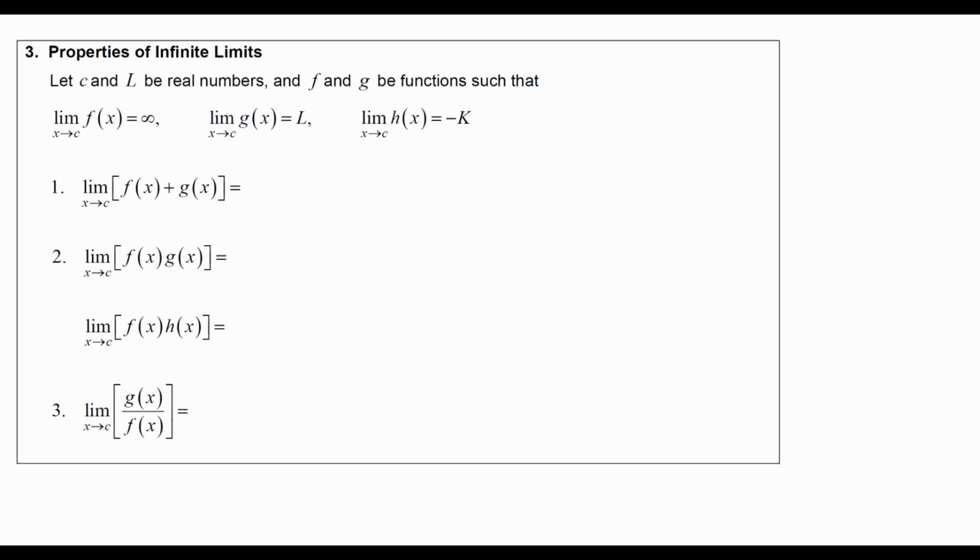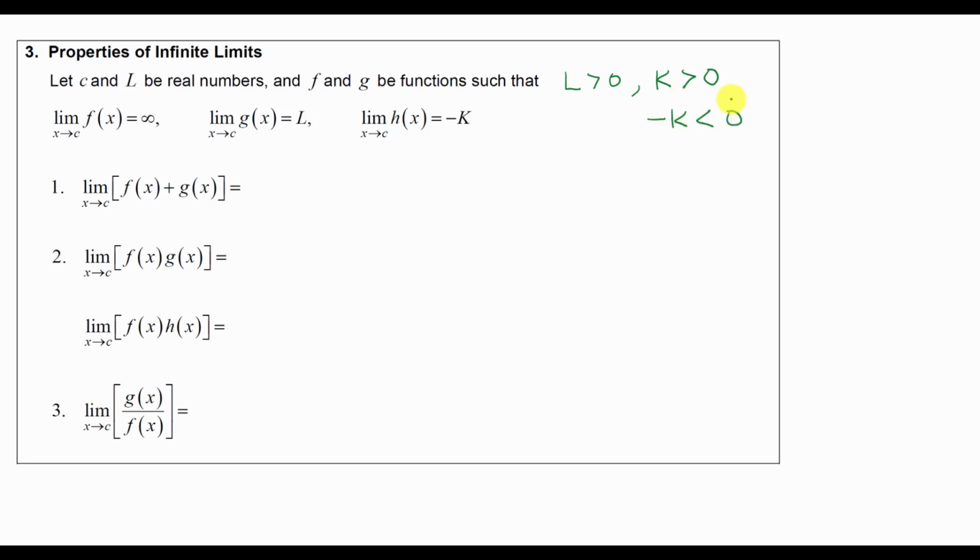Let C and L be real numbers and f and g be functions such that, let's make a little more assumption here to make it more clear for everybody. Let's just say L is a real number that is greater than 0 and K is greater than 0 also, so that if you see negative K, it will mean a negative number.